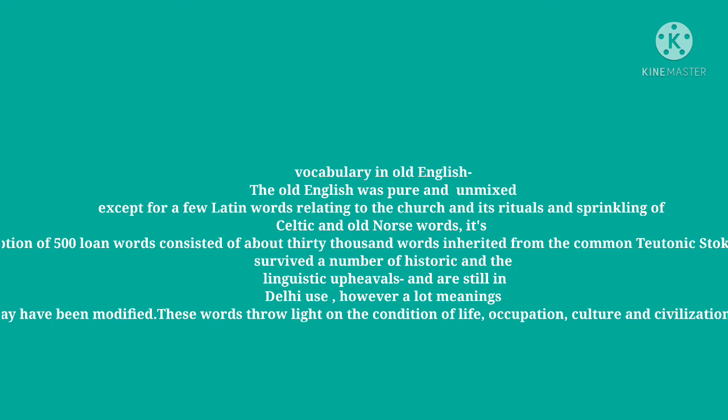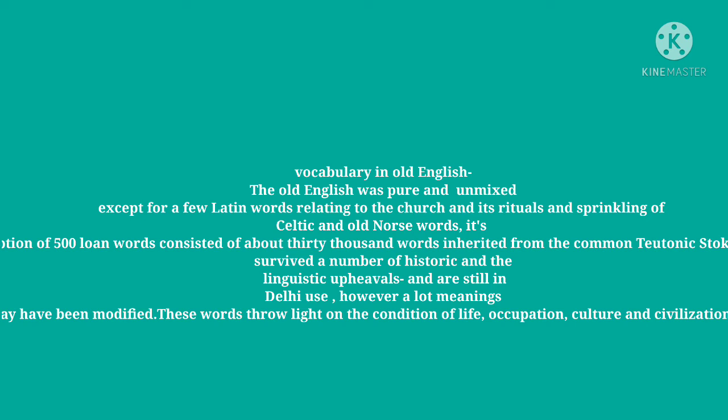Its words consisted of about 30,000 words inherited from the common Teutonic stock. Many thousands of these words survived a number of historic and linguistic upheavals, when disorder was taking place.